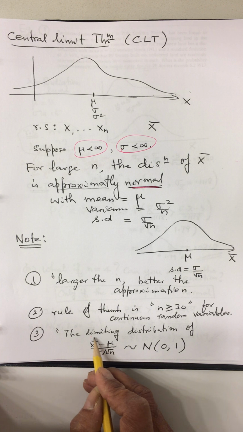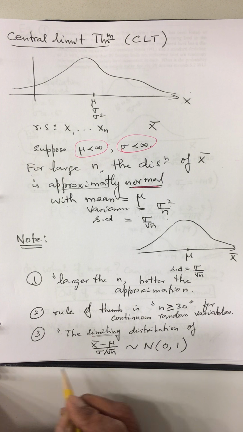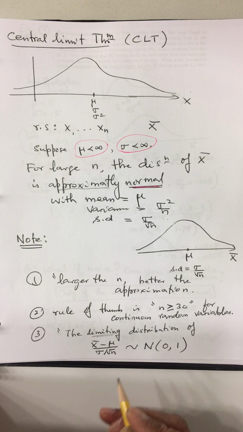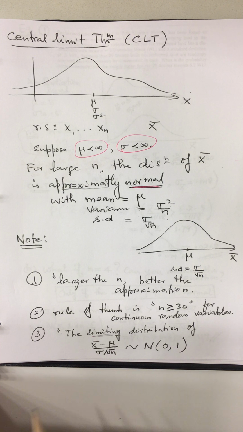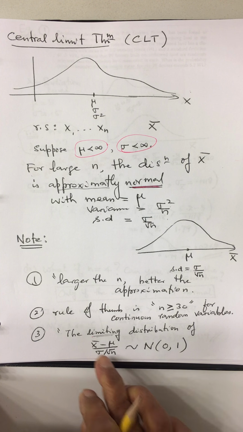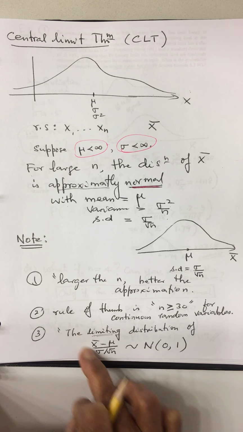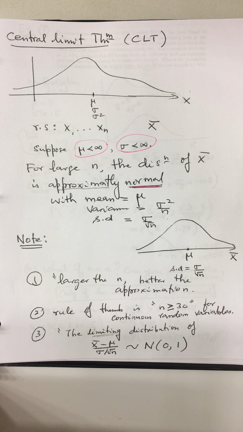You may not know this limiting notion. If you have taken calculus, you might have seen this limiting thing as n goes to infinity, meaning the sample size goes to infinity. The larger the n, the better the approximation. When n is getting larger and larger, the curve of this thing is getting closer and closer to that.